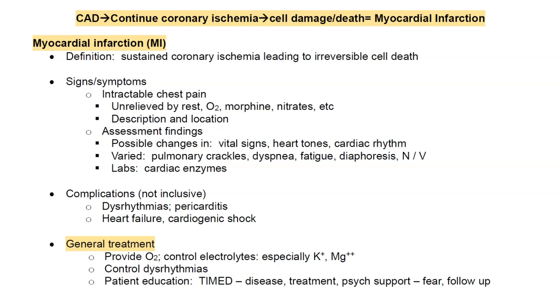So general treatment for MI, again, we administer our MONA, we make sure that we're providing adequate oxygen, and then because there's such a huge risk for the patient to develop some dysrhythmias, it is very important to make sure that our electrolytes are within certain levels, especially your potassium and magnesium, because when your potassium levels are really low or really high, and similarly with your magnesium, it can actually lead to dysrhythmia.